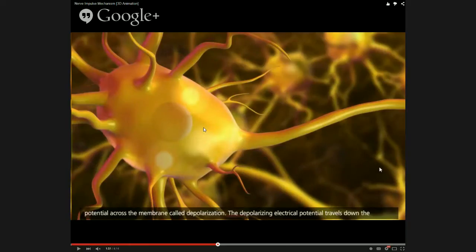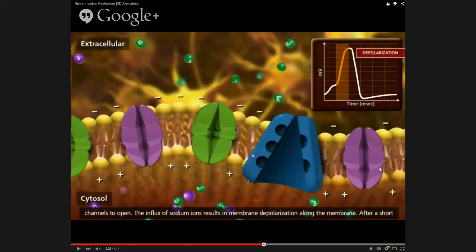And then as it's going through this, up in the corner, it shows that graph, just like what I showed. And when it gets down past the hyperpolarization and returns to its resting potential, it's explaining that the sodium-potassium ATPase is playing a role in getting things back the way it should be, which is a good representation.